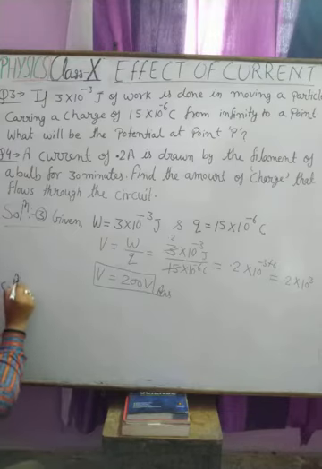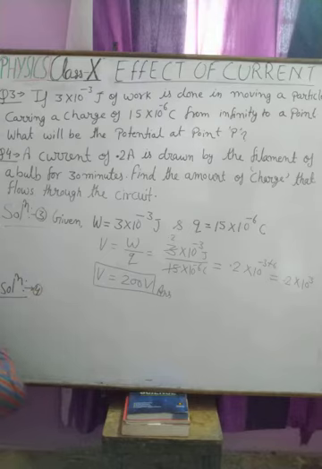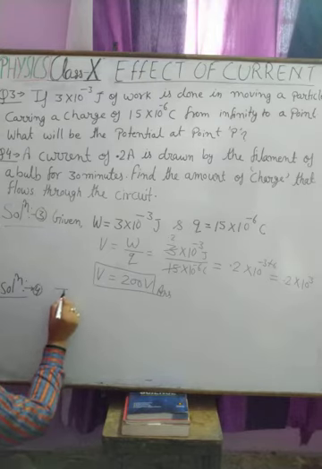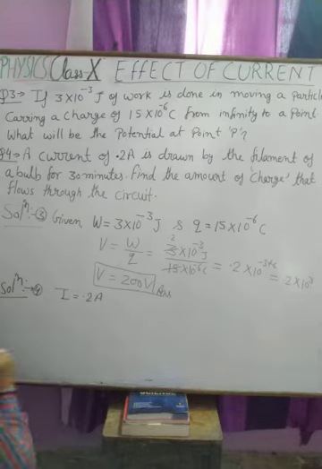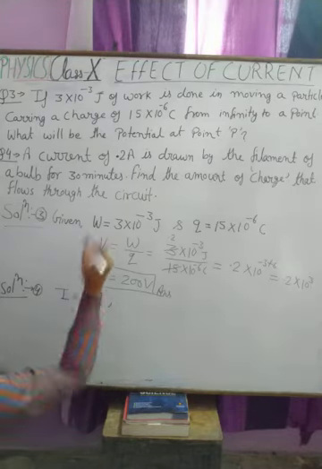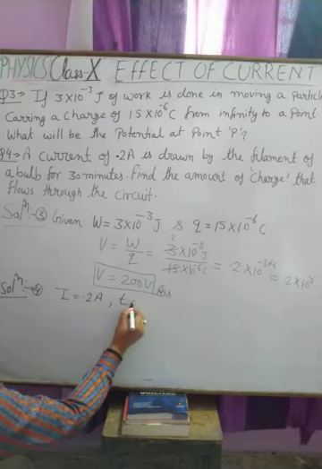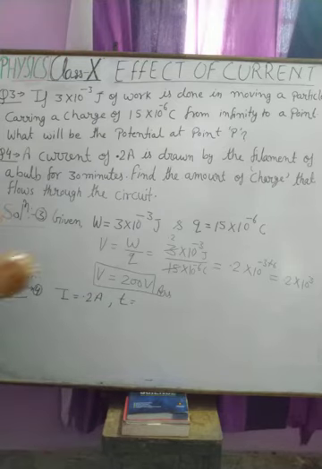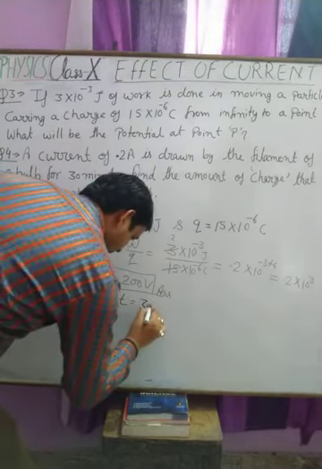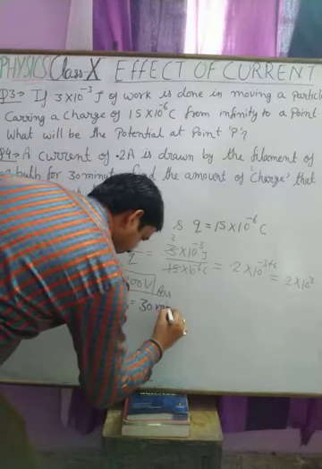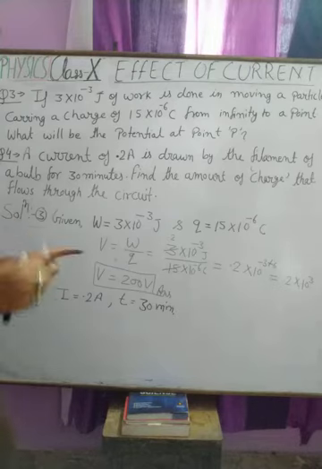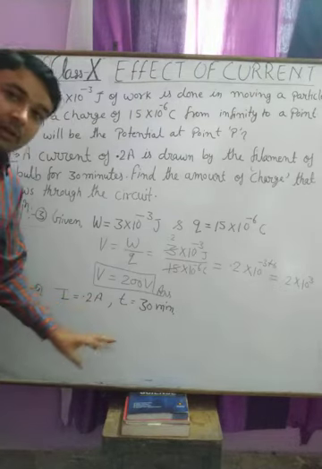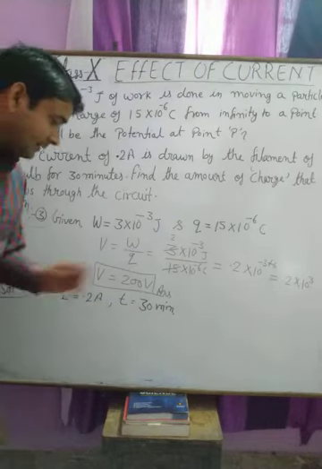We have in this question the value of current, that is 0.2 ampere, and the time for moving the charge is 30 minutes. Okay, student, here we need to convert this time into the SI unit, that is second.